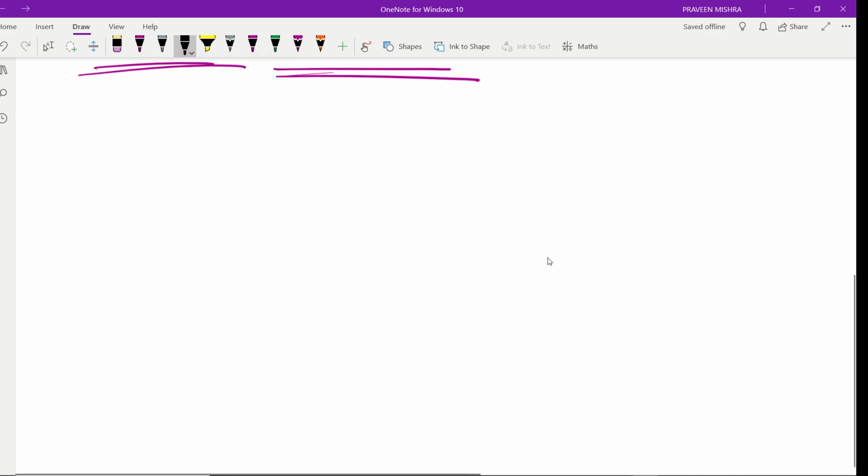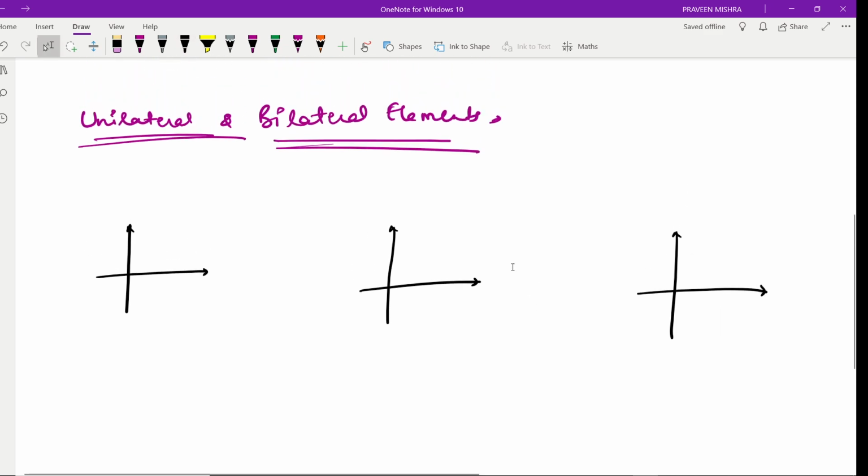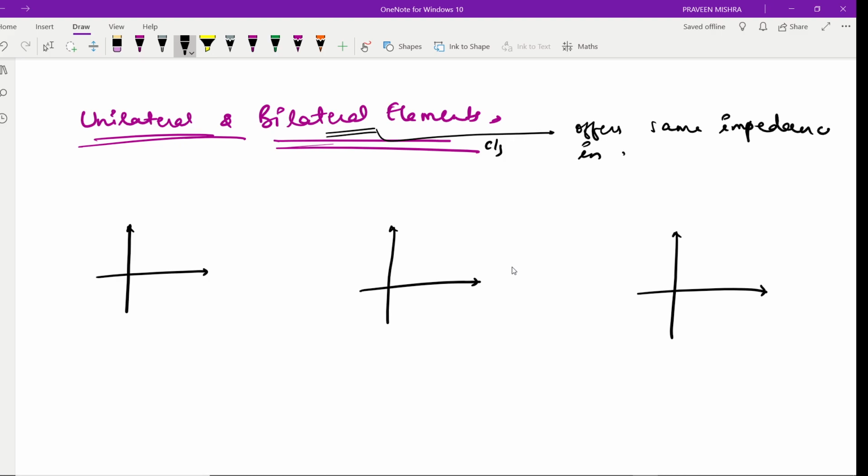An element is said to be bilateral if its characteristic offers the same impedance in all the directions.